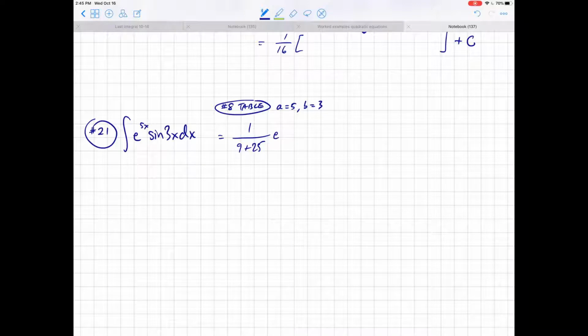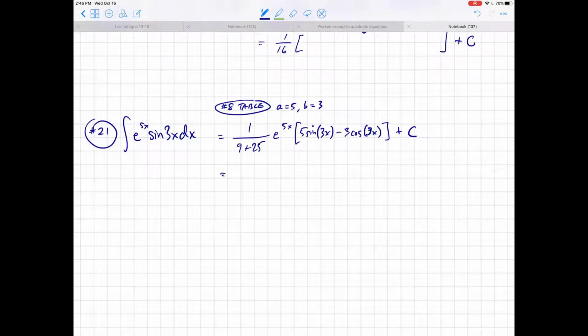times e to the ax, times a sine bx, so 5 sine 3x, minus b cos bx, so minus 3 cos 3x, all plus c. And that's good to go, right?